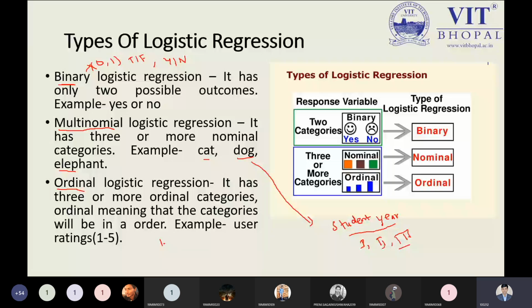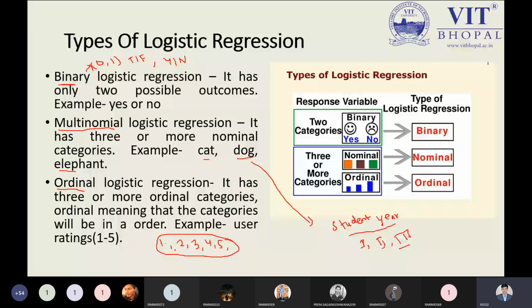Second, room numbers 201 to 220, or maybe other values, belong to the second floor. If I define this kind of category, maybe 1, 2, 3, 4, 5, or maybe A, B, C, D, that is known as an ordinal category, because I have some order: 1, 2, 3, 4, 5.